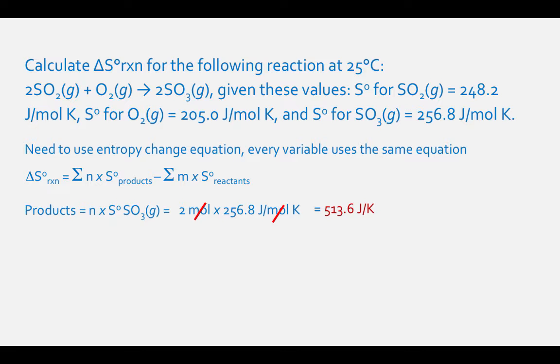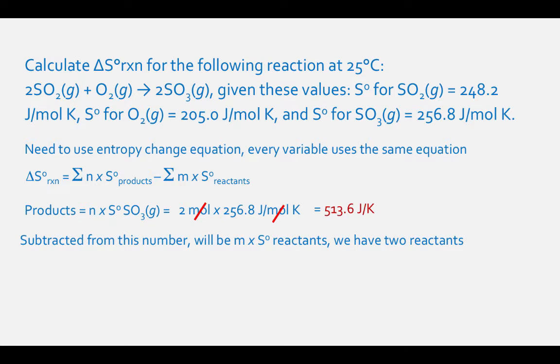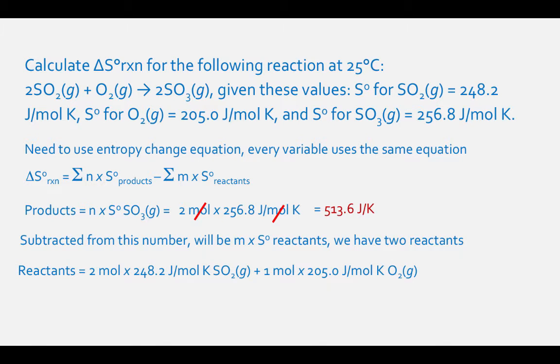Subtracted from this number are the sum of the two reactant coefficients multiplied by their respective S naught values. This will be 2 moles times 248.2 joules per mole Kelvin for SO2 gas, and 1 mole times 205.0 joules per mole Kelvin for the O2 gas. This equals 701.4 joules per Kelvin.